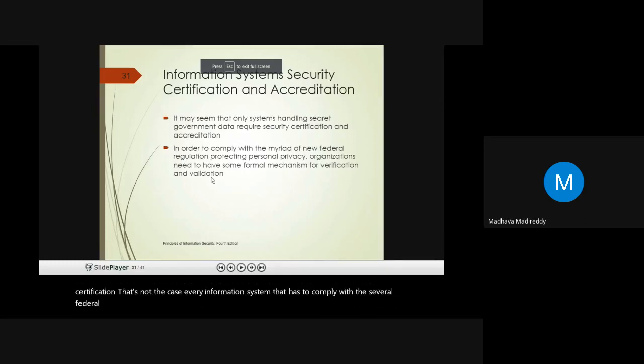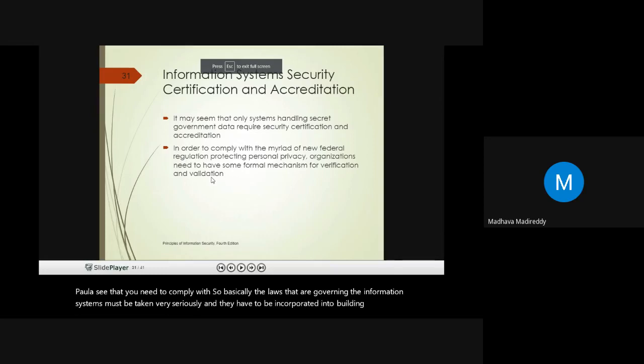If you are in Australia, you need to make sure that your information security system complies with certain laws governed within that country. If you are working in a university, the university has an information security policy that you need to comply with. So the laws governing information systems must be taken very seriously, and they have to be incorporated into building personal privacy.